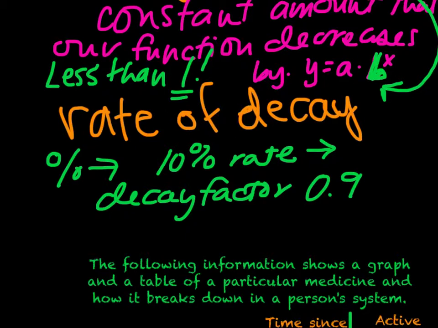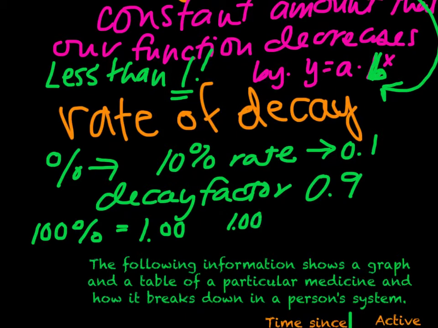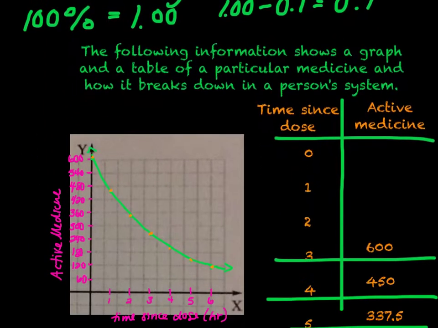If we looked at 100%, we could rewrite that as the number 1.00. A 10% rate of decay is 0.1, so we would say 1 minus 0.1 gets us that 0.9. That's our decay factor that we would multiply over and over and over. So our rate of decay is kind of thinking a little bit opposite, and we're going to have to wrap our mind around this. So let's try a couple of scenarios.